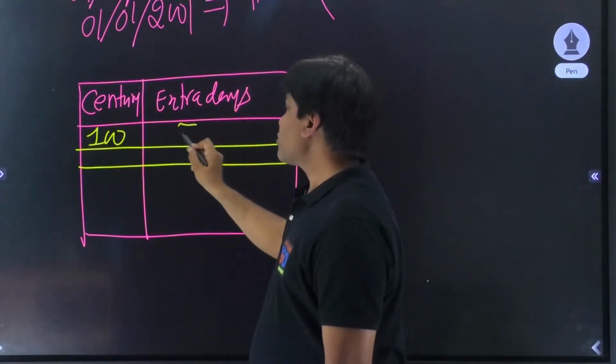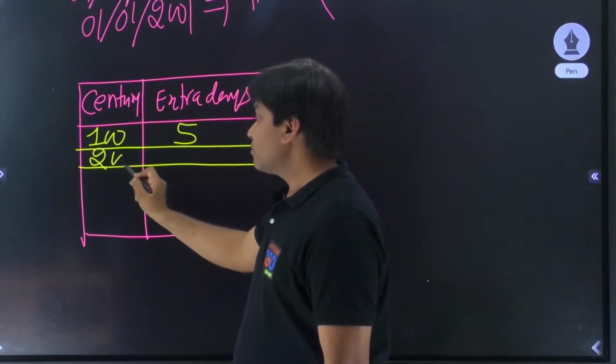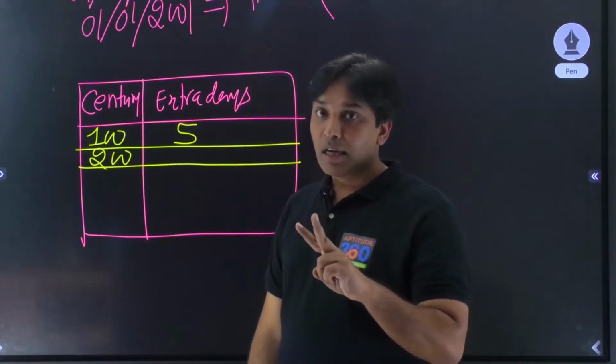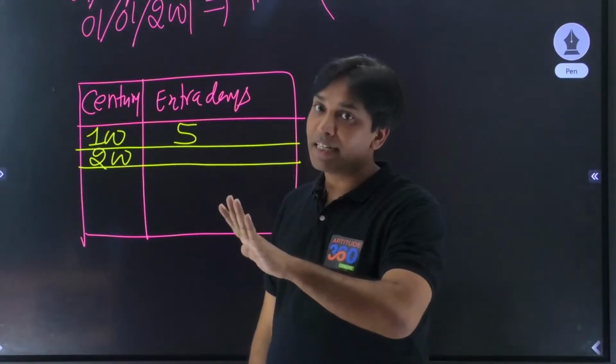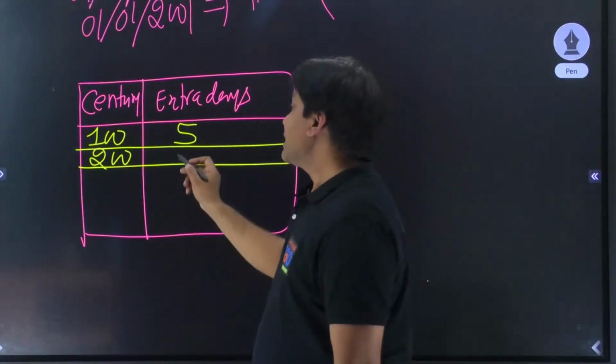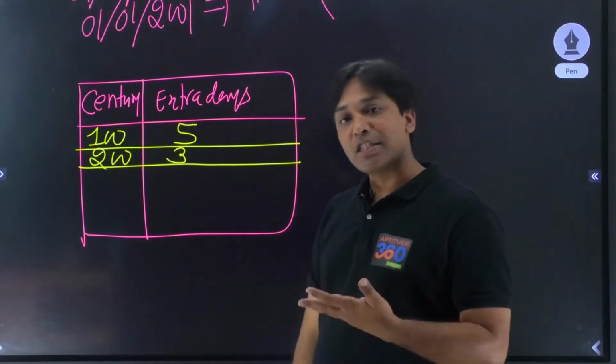So how many extra days are we having? 5. जब कैलेंडर 200 साल, which is 2 centuries, then this is going to be 5 from the first and 5 from the second. यही हुआ ना, 5 plus 5 10. 10 को जब आपने डिवाइड किया 7 से तो आया 3.